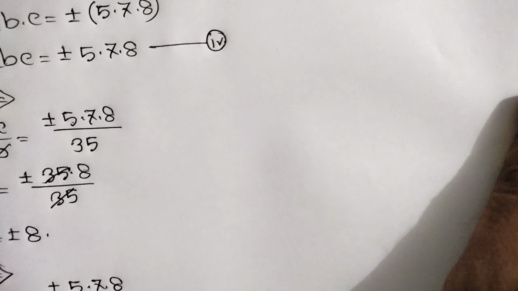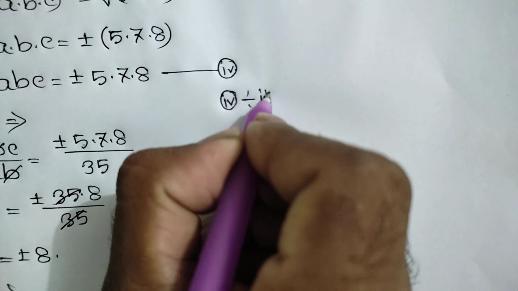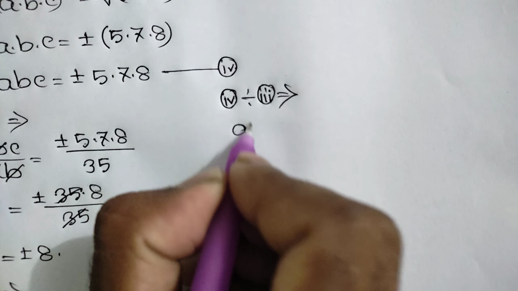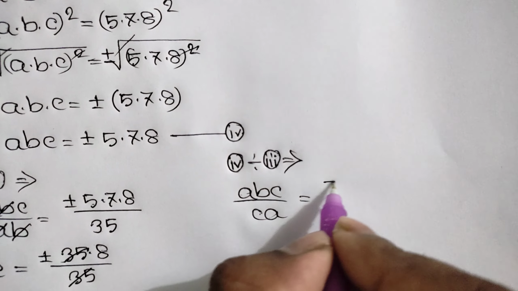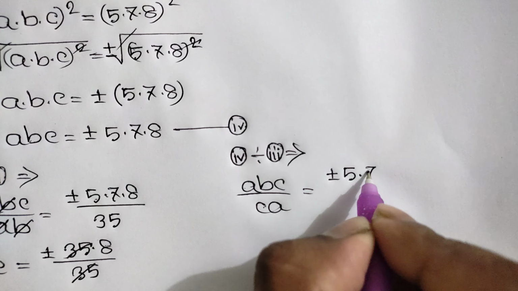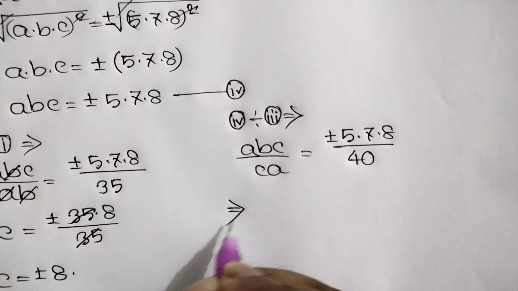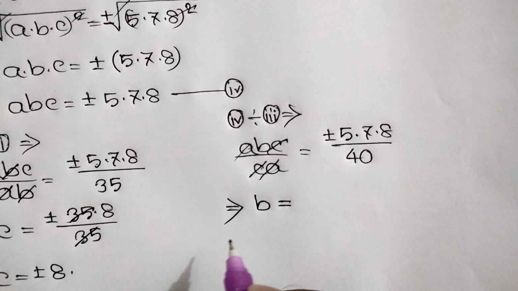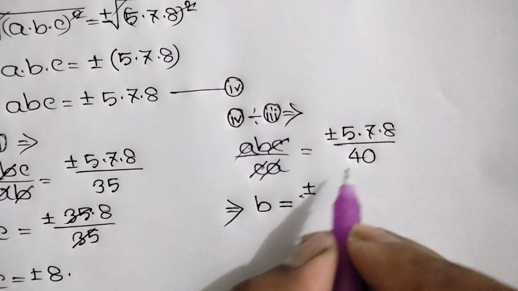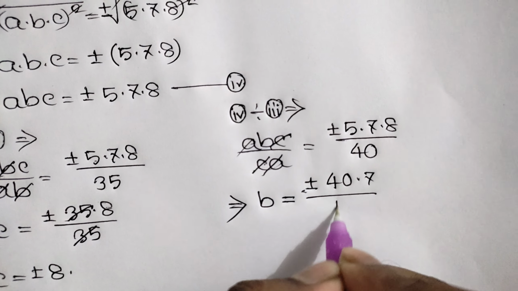Now similarly divide equation 4 by equation 3, we can write here abc over ca is equal to plus or minus 5 times 7 times 8 over 40, or c cancels out c, a cancels out a, so here we will get b is equal to plus or minus 5 times 8 is 40 times 7 over 40.